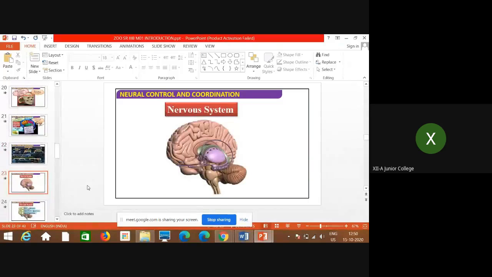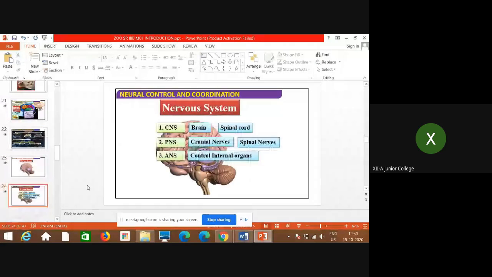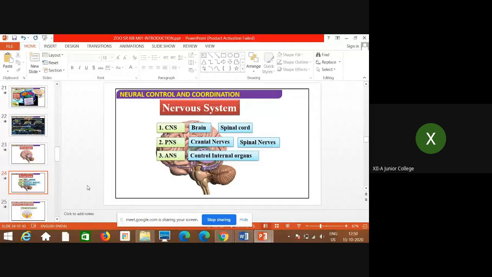We'll see in general the structure of the brain. This is again the division of the nervous system shown in the diagram: CNS, PNS, and ANS. CNS includes brain and spinal cord. PNS includes cranial and spinal nerves. ANS functions with the control of internal organs.